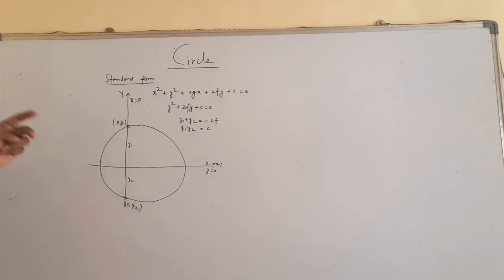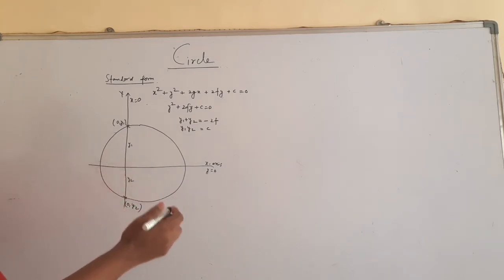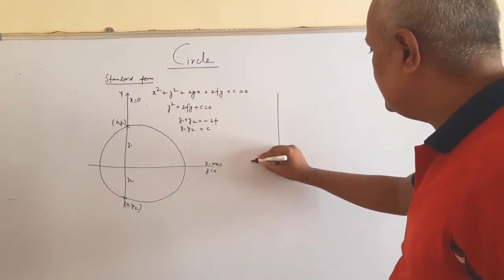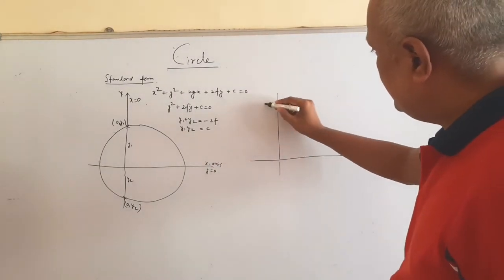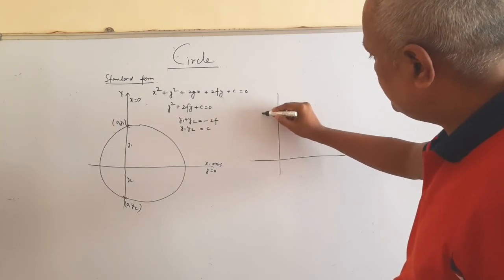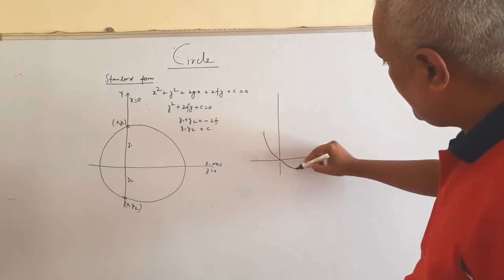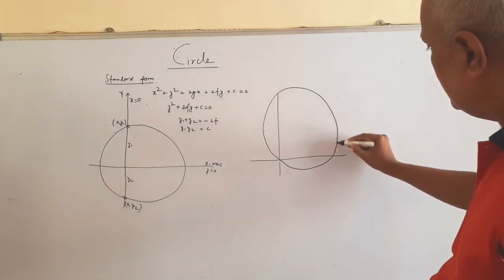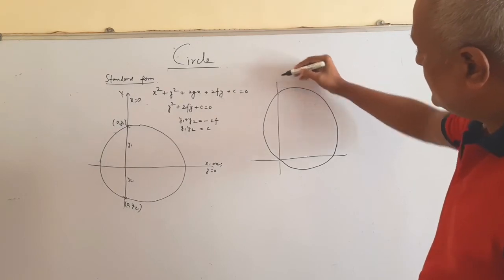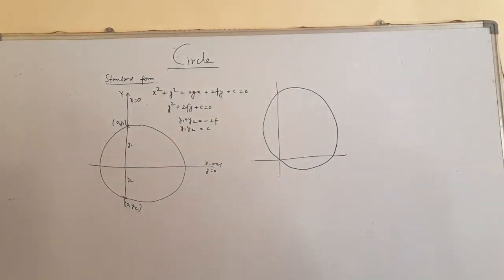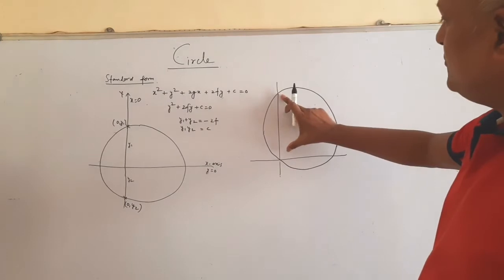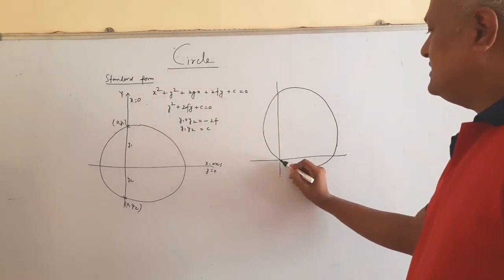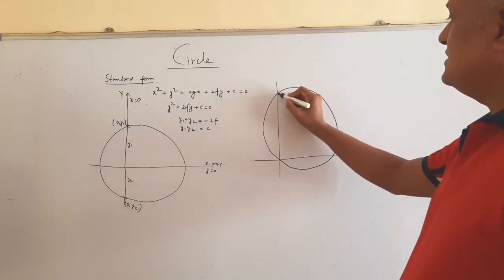Suppose the circle cuts like this, then in this condition you have to find this line segment. So one point is the vertex here 0, and this is another point.